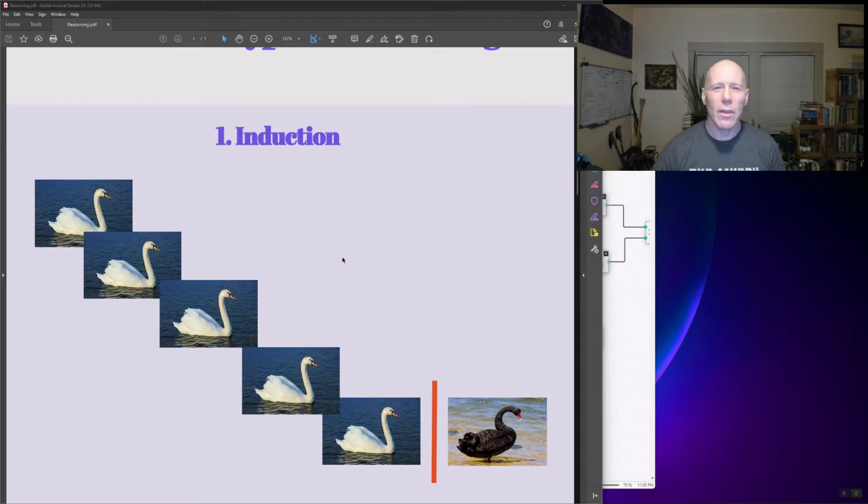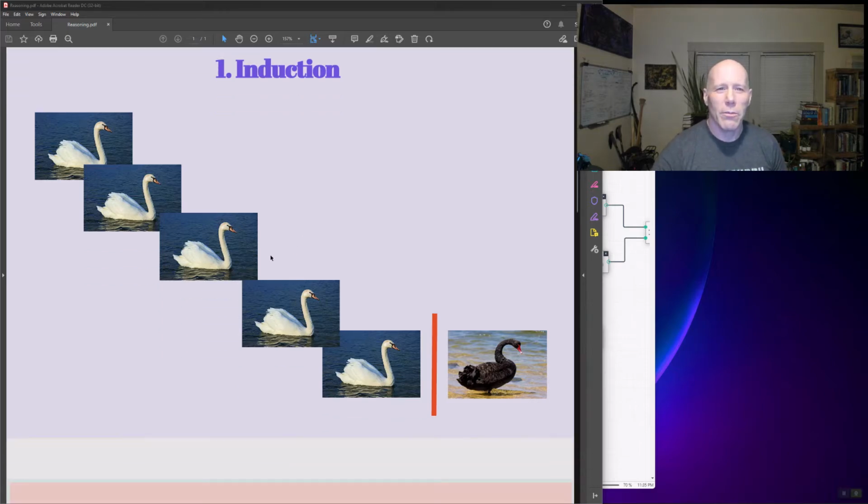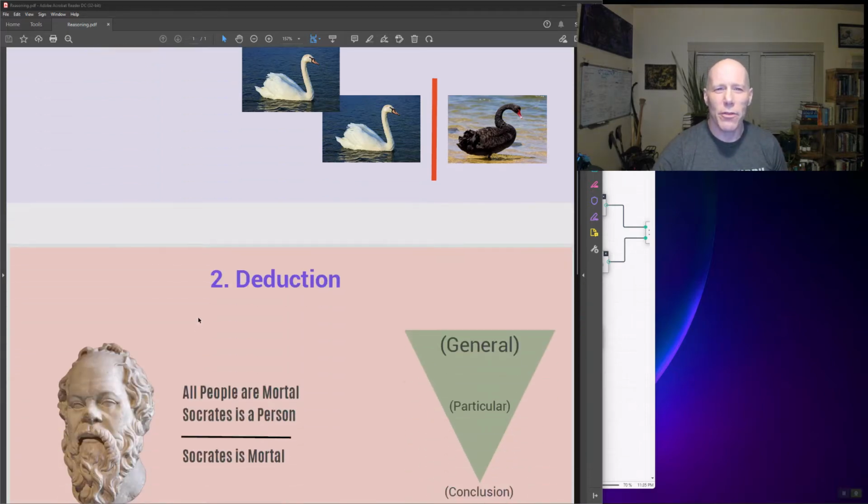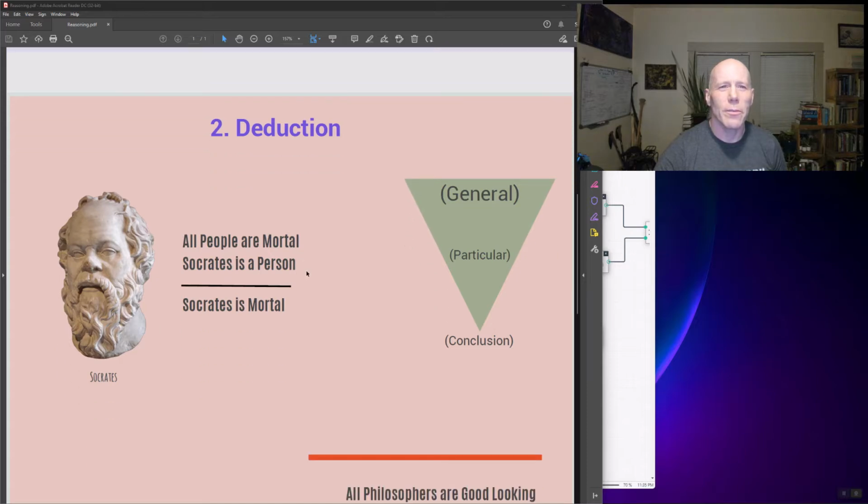Okay. The second most famous type of reasoning is called deduction. Now, a deduction is something that you've also probably used many times in your life. You make some kind of general, large-scale claim. So Socrates, I'm taking he said men, not people. I'm trying to modernize it a little bit.